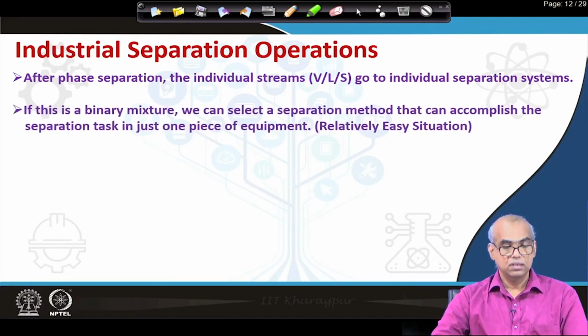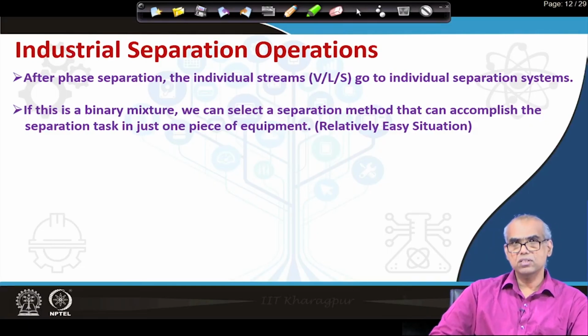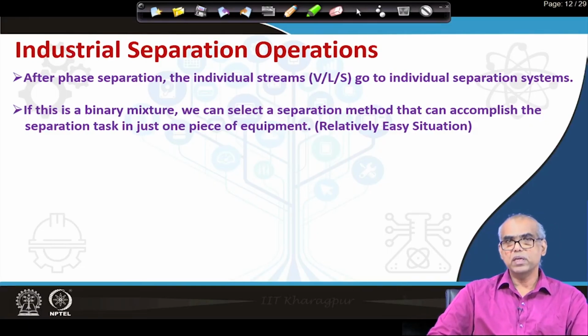If this is a binary mixture, then we can select an appropriate separation system that can accomplish the separation task in just one piece of equipment, and then it gives us a relatively easy situation.